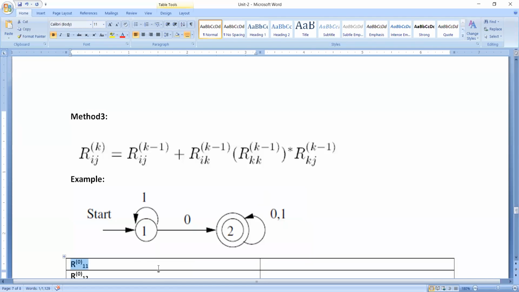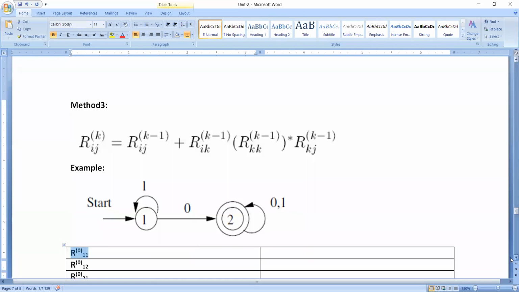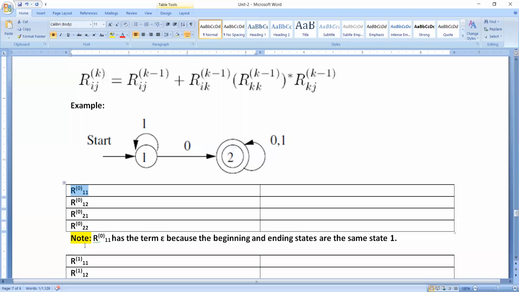What is this R power 0 and the subscript 1 1? What does this represent here? Let me write it over here. We are going to call it R_ij power k.